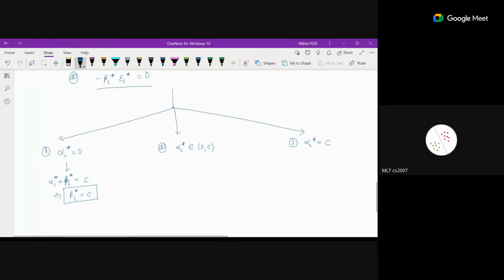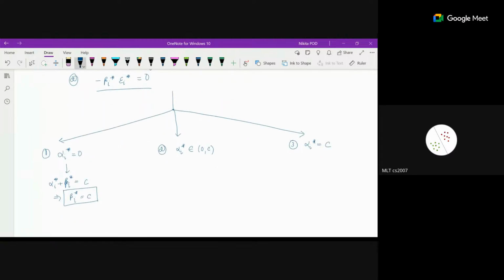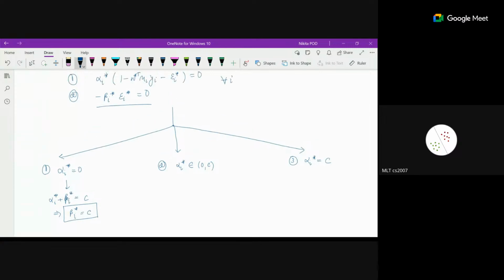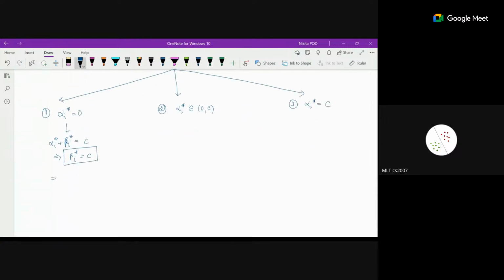But if beta I star is equal to C, it means my epsilon I star should be equal to 0.